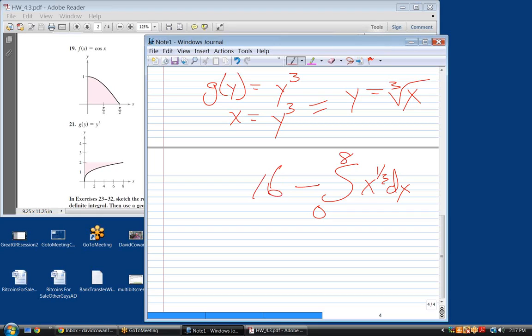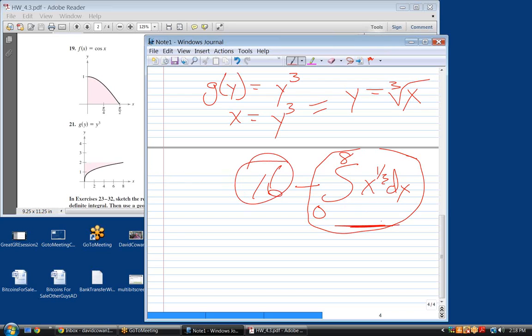Yeah, this expression gives me the white area under the curve. The rectangle minus the white area is equal to this pink area here. The rectangle is 16, so minus that is going to give me that.